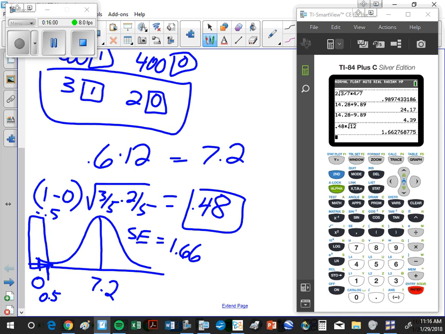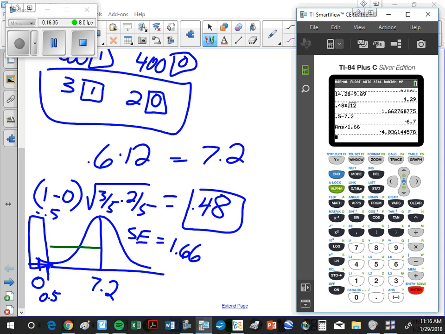So how far is this? It's 0.5 minus 7.2, because it needs to be negative. Okay, that's the distance. I need to convert that into standard units by dividing by 1.66, and I get a z-score of negative 4.